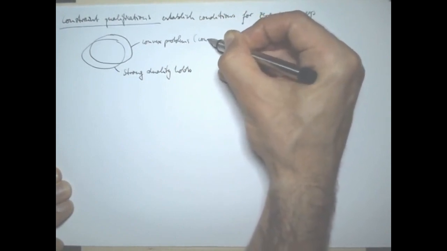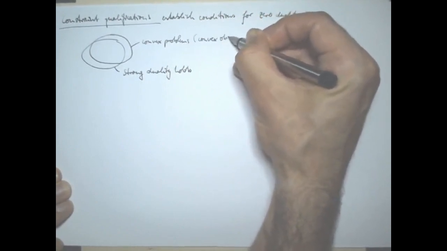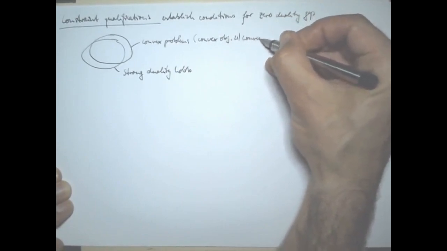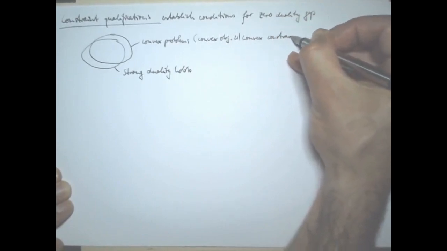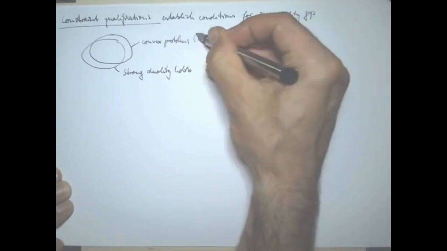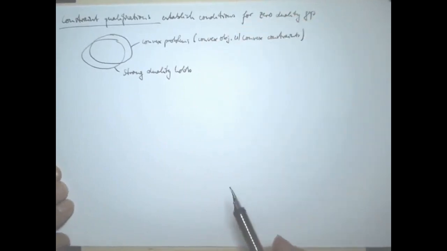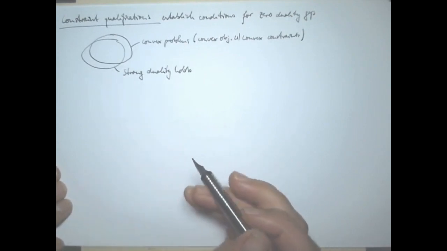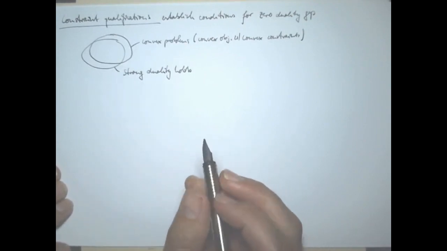So we have a convex objective with convex constraints. And I mainly want to say that there is no one-to-one relation, but these sets very largely overlap.